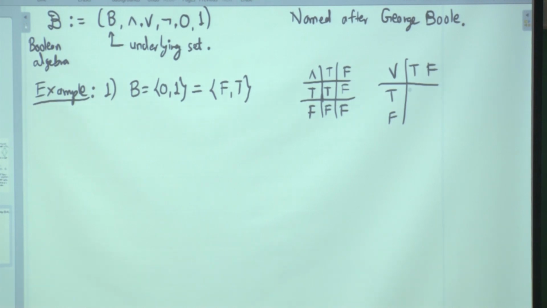T join T, T join F, then this one is also T and this one is F. Then what is negation? Negation of T is F, negation of F is T. So 0 and 1 can also be used to denote this. So this is the two element Boolean algebra.